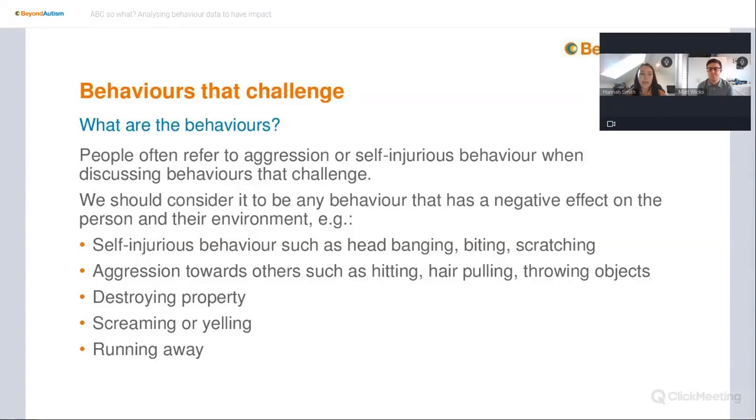So that might include behaviours such as self-injurious behaviour, head banging, biting, scratching, aggression towards others, such as hitting, hair pulling, throwing objects, kicking, etc., destroying property, screaming or yelling, or running away. So behaviours that are putting that young person at risk or potentially putting others at risk. Those would be the behaviours that we'd want to be looking at when we're completing these forms.